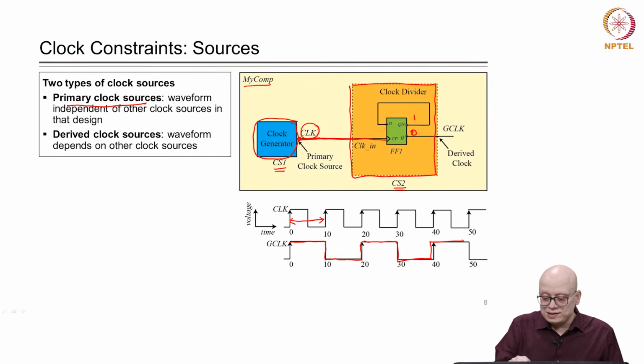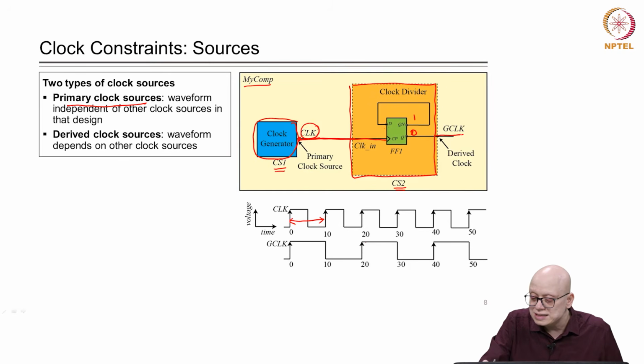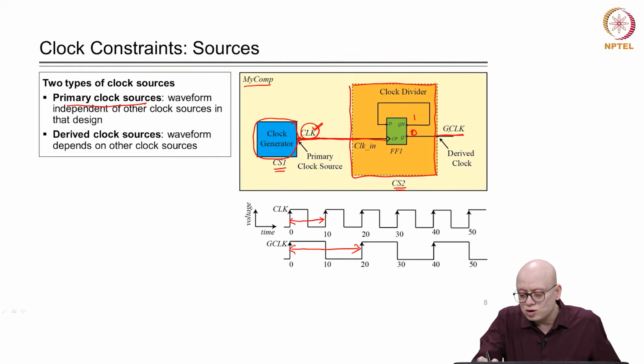So, we see that the waveform that will be produced at the point GCLK here will be dependent on the attributes of the clock signal CLK. For example, here the clock time period was 10 time units, so the time period of the derived clock GCLK is 20 time units.